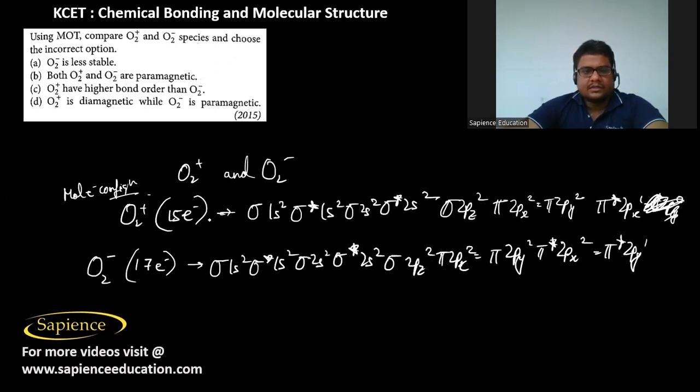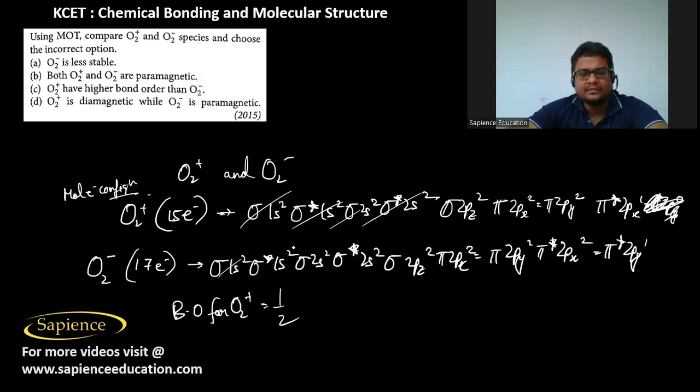So here, as we can see. Okay. So now the bond order for O2 plus will be equal to half of. Now these parts will get cancelled. Then it will be half of the number of bonding electrons, which is 6, minus 1, that is 5 by 2, that is 2.5.